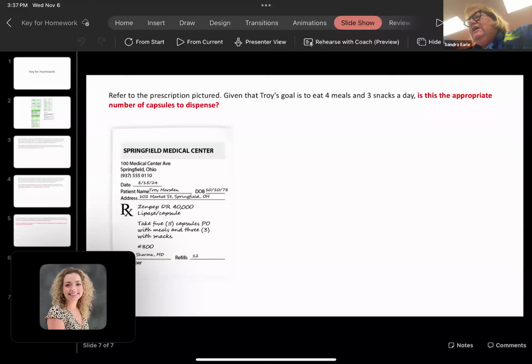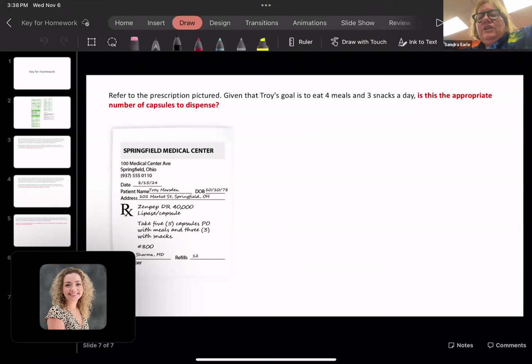Unless you have questions, but I think the second to last slide has all the things I really want you to know, and it's pharmacy stuff. Like how to calculate the number of capsules to dispense. What's the maximum dose?